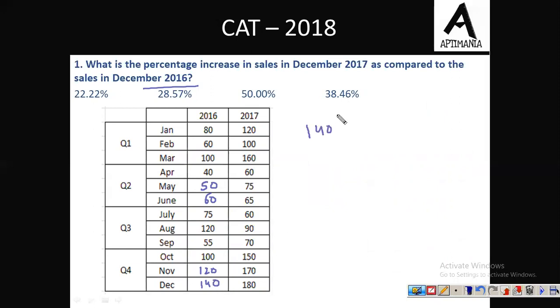In 2017, it is 180. So the increment is 40 over 140. And to calculate the percentage, we'll multiply this by 100. Fine. So on solving, we'll get somewhere around 28.5%. So the correct answer to this is option B, 28.57%.